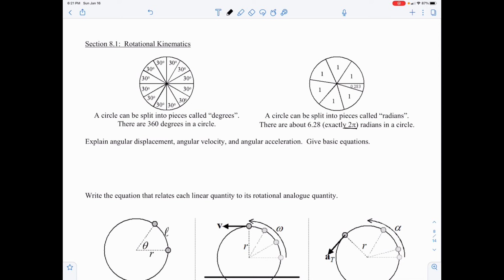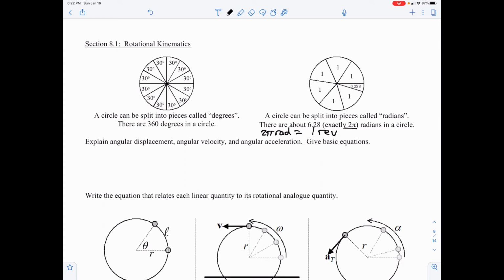We're going to be using that to be able to convert. 2 pi radians is essentially 1 complete circle or 1 revolution. We're going to keep that in our hip pocket because we're going to need that.